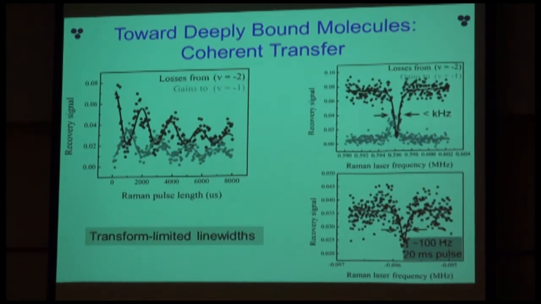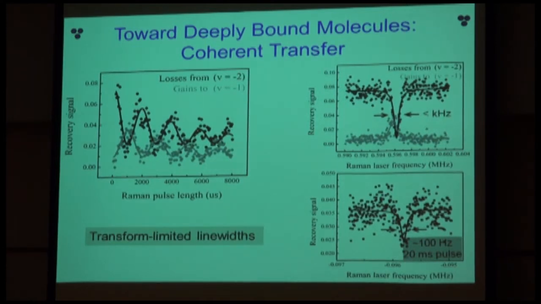We can try to reduce that transform limited line width by applying longer and longer pulses. And then we, of course, run into limitations of the overall coherence because at some point we just don't get any signal. So far, the narrowest we saw were about 100 hertz lines corresponding to 20 millisecond pulse lengths.